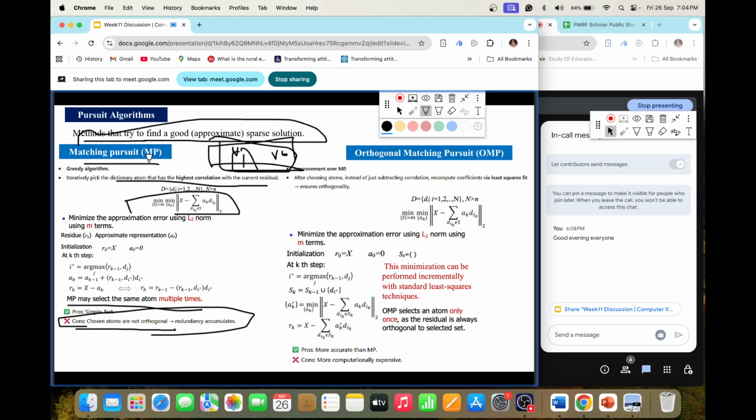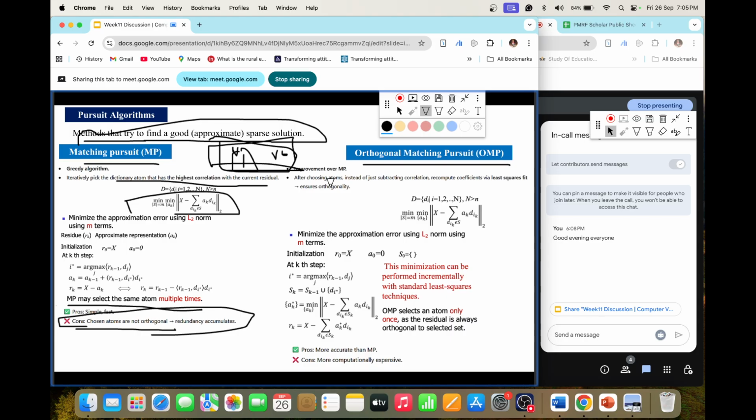To solve this, we move from matching pursuit to orthogonal matching pursuit. Orthogonal matching pursuit rectifies this flaw of matching pursuit. In matching pursuit the chosen atoms are not orthogonal, but here it ensures that the chosen atoms are orthogonal to each other.